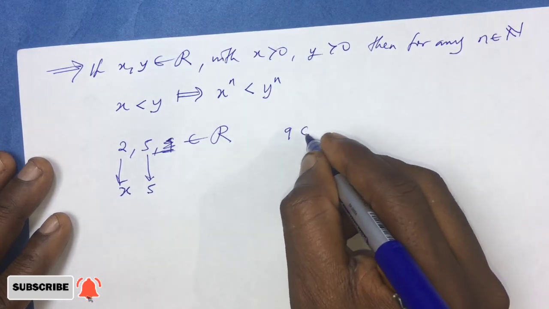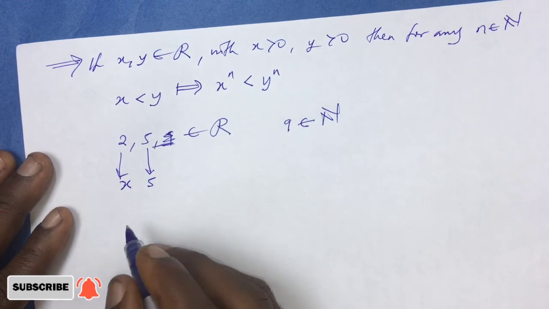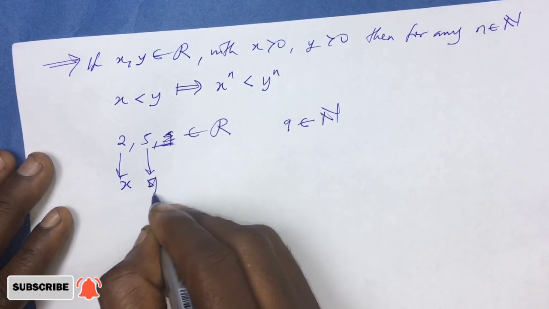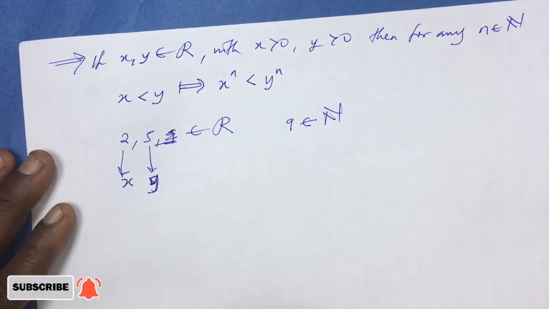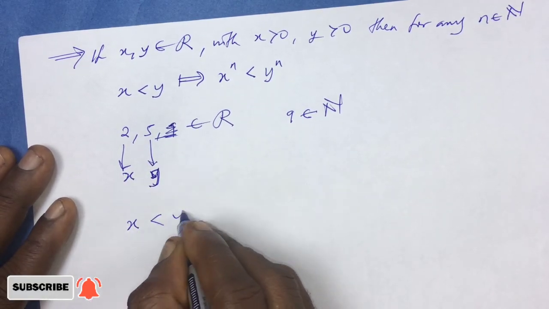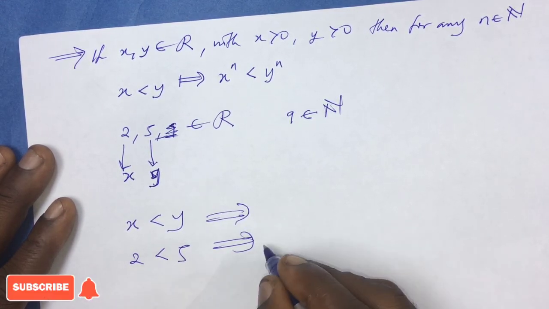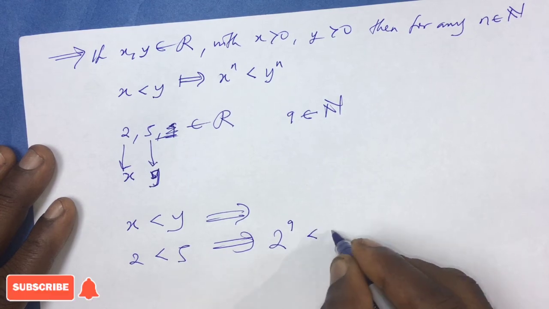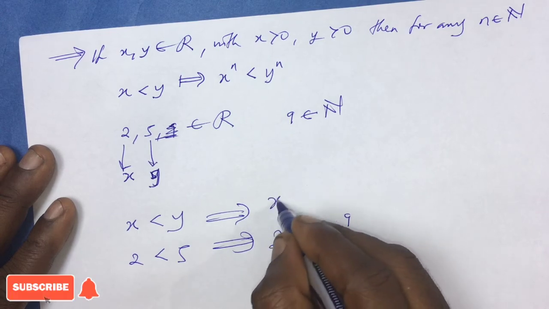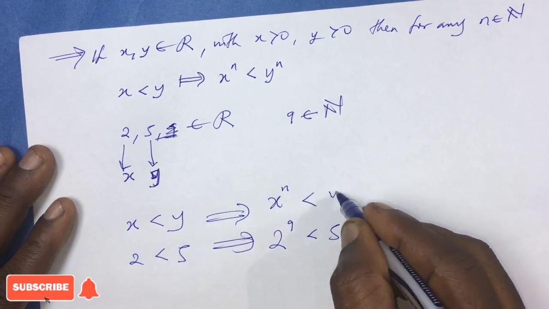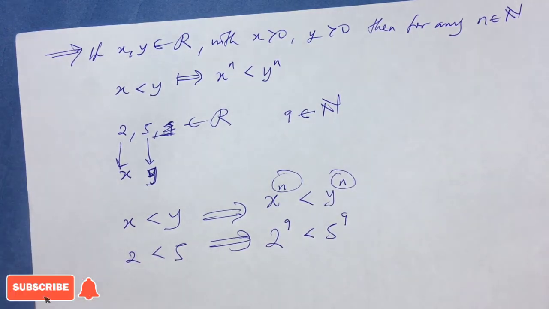If you select 9 from the natural number system, of course 9 is a natural number, then x is less than y implies that 2 is less than 5. And by that property, it follows that 2 raised to power 9 is less than 5 raised to power 9, clearly. Because if x is less than y, then x raised to power n is less than y raised to power n. And what is n? n is any natural number. So that property is true.